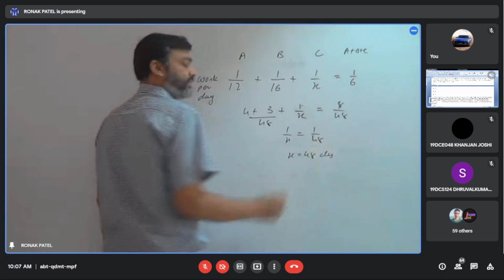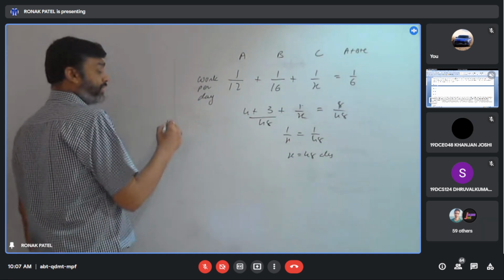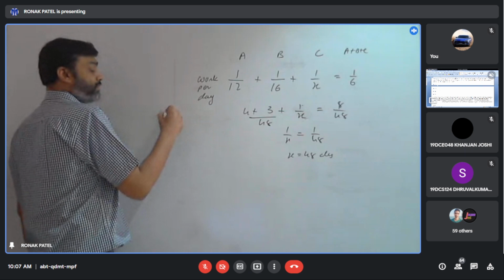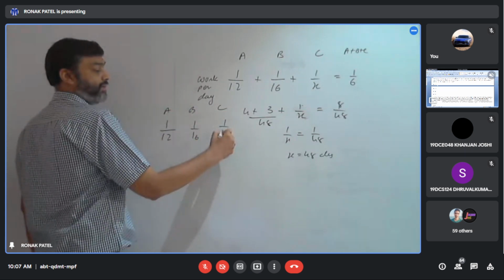But we are not asked that. We are asked the share, and share is always divided in the ratio of the work done per day. So A is doing this much work, B is doing this much, and C is doing 1/48.